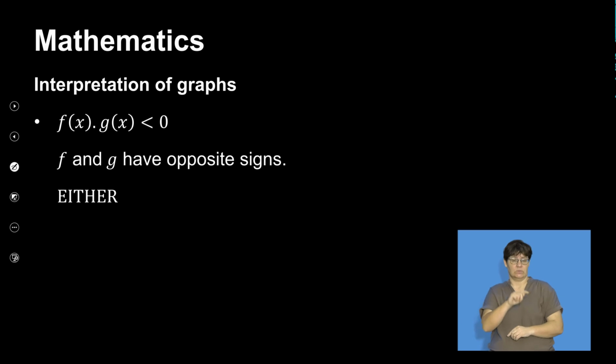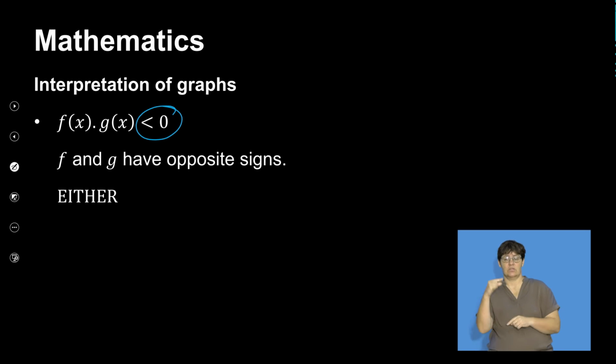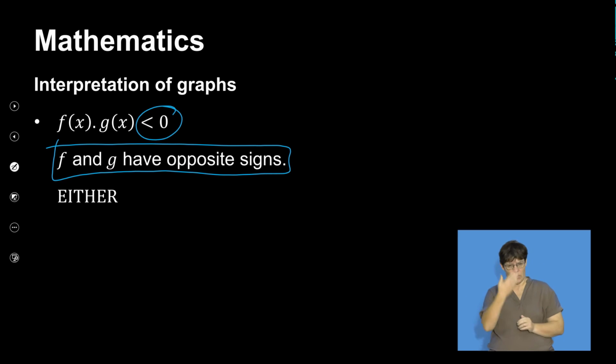The opposite will be true when f multiplied by g is less than 0. It means that they must have opposite signs. That's how you get a negative when you are multiplying. It must either be plus and minus, or minus and plus.